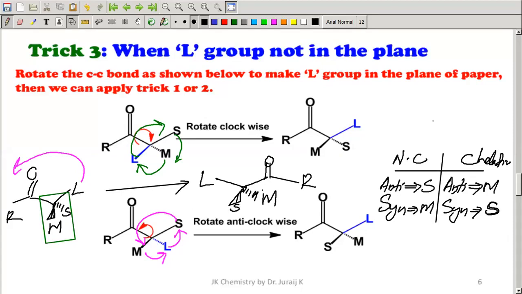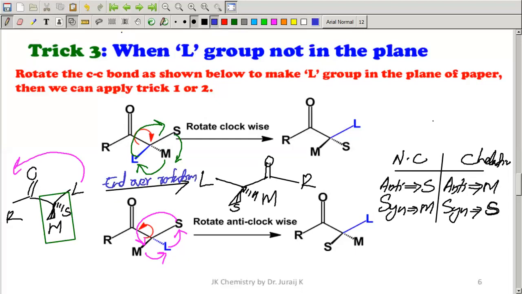That kind of change will happen. Depending upon your problem, depending upon your option, you may do all these practices. Here we are doing end-over rotation. Okay, clear? So these are the tricks.